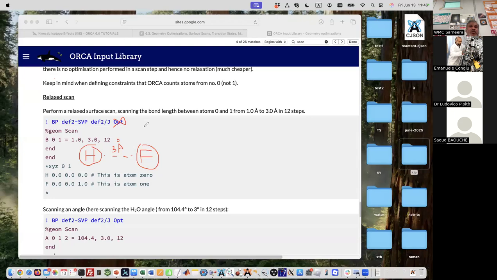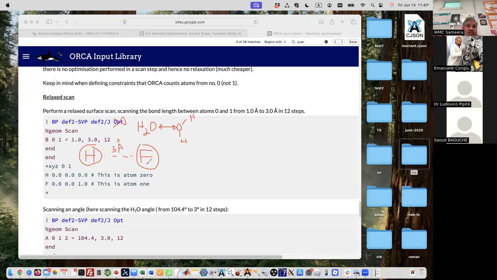But if you use 2 water molecules, for example, and you try to scan the distance between the 2 oxygens, now the optimization is very important, because depending on the distance, the shape of the molecules may be different.